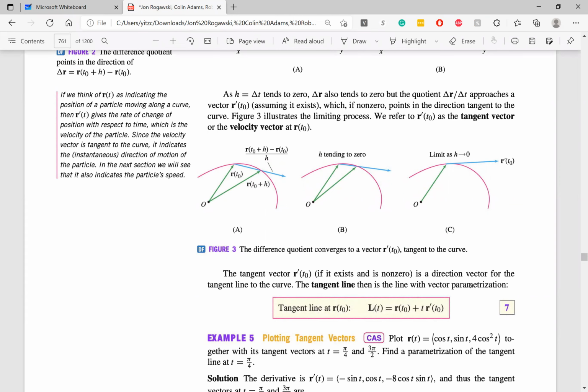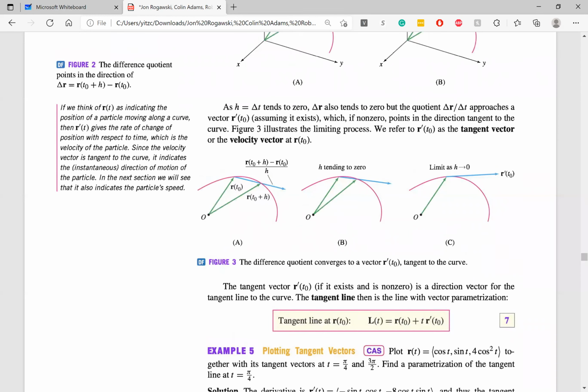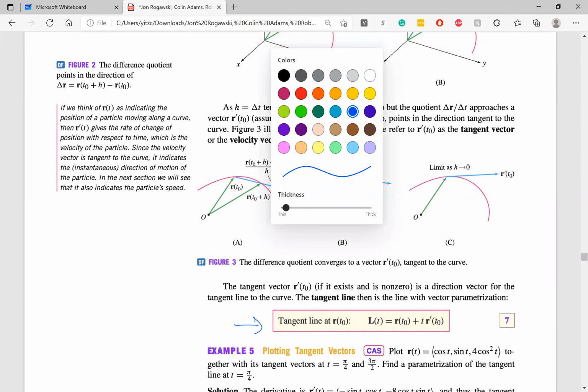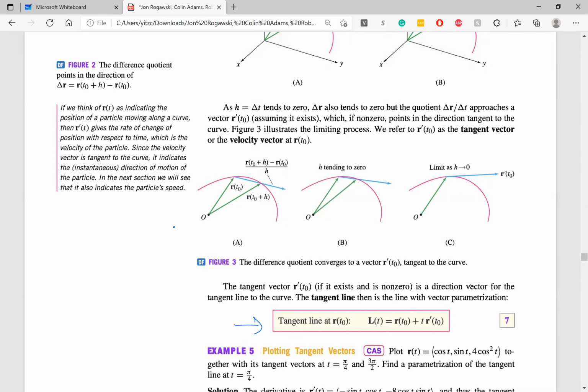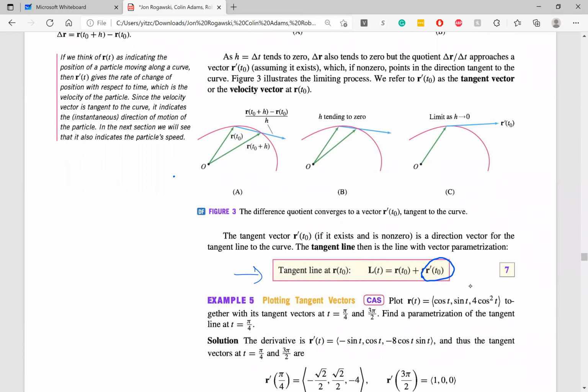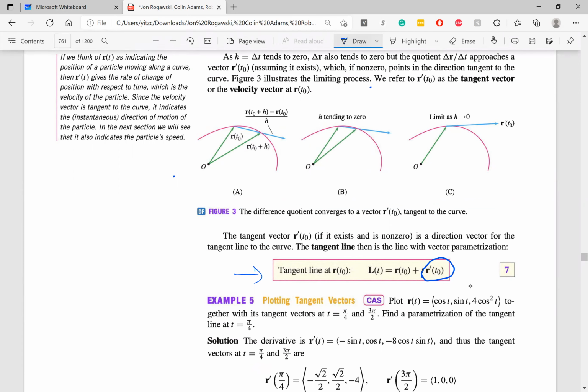So in order to define a line, and instead of tangent vectors, we can think about tangent lines, which have a tangent vector component, which is this r prime. It's fairly straightforward once we see this definition.